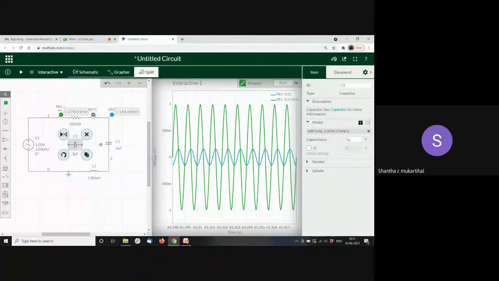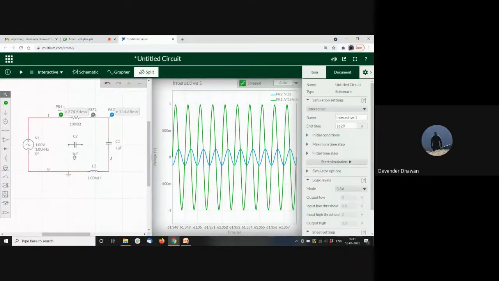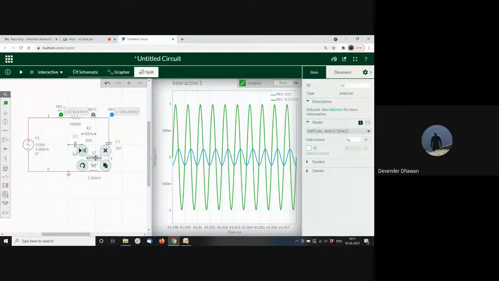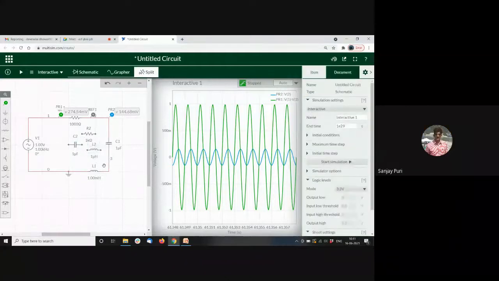This one gives me 1 microfarad, a resistance gives me 1 kilo ohms, and an inductor will give me 1 microhenry. Now I got it, sir.